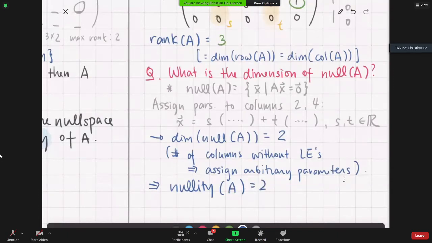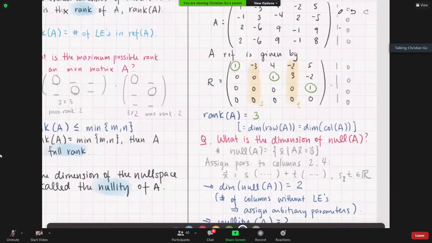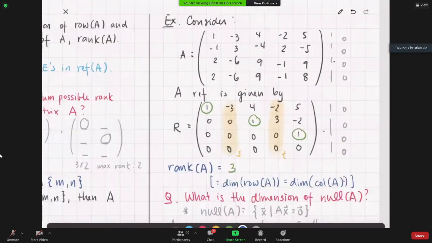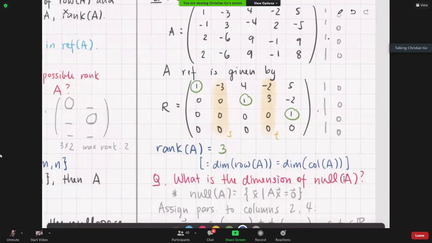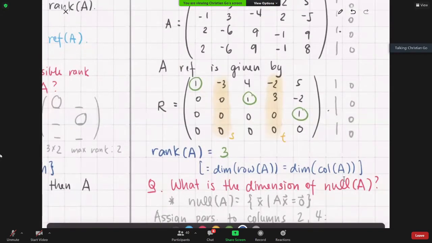Do you mind explaining why it's only the columns without leading entries and not all the columns? Well, what we're doing is we're solving a homogeneous system, right? And if we solve a homogeneous system, what we do is we assign arbitrary parameters, and then that gives us our solution. So in this case, we are assigning 2 arbitrary parameters, and our solution would be an expression involving S, and maybe sometimes T as well, right?